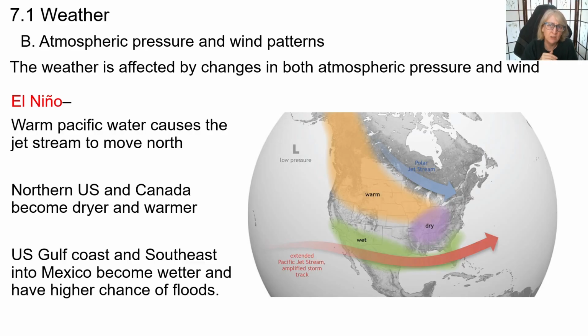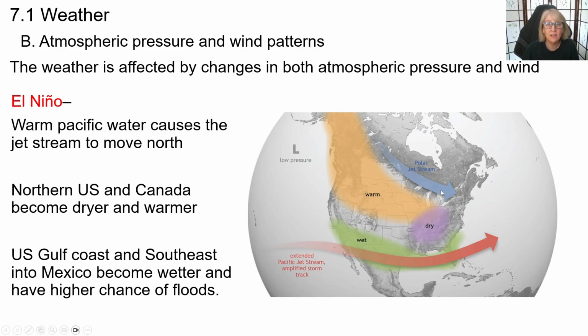When we have an El Nino year, it means the Pacific is very warm. The jet stream, the stream of air that goes across the U.S., moves, and it brings a lot of moist air into the southern part of the United States, and into the northern part of the United States and into Canada, it brings a lot of dry, warm air.